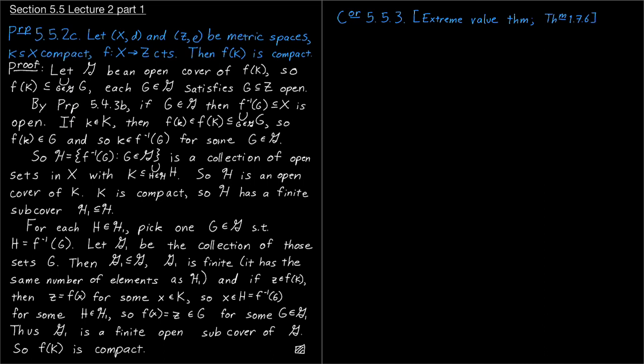So this says that any continuous function on a compact set attains its maximum and minimum.